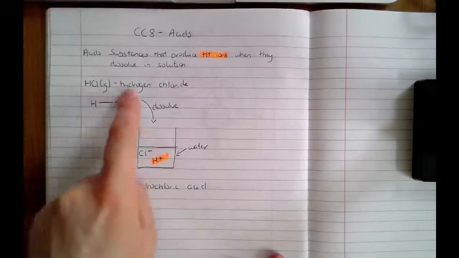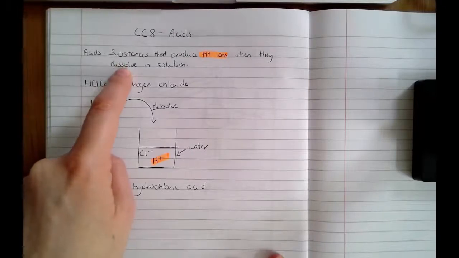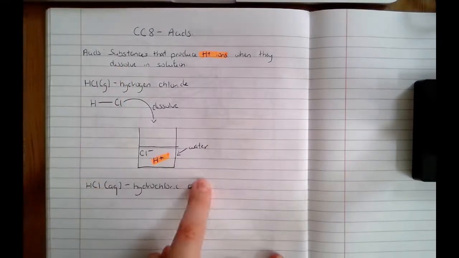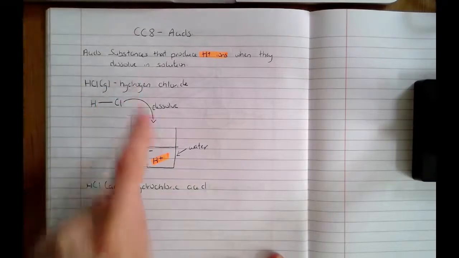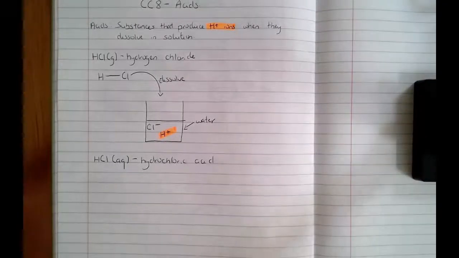Okay, it's not correct to call it an acid when it's a gas. It's only when it's dissolved that we call it an acid, because it's only when it's dissolved that we have these H+ ions.